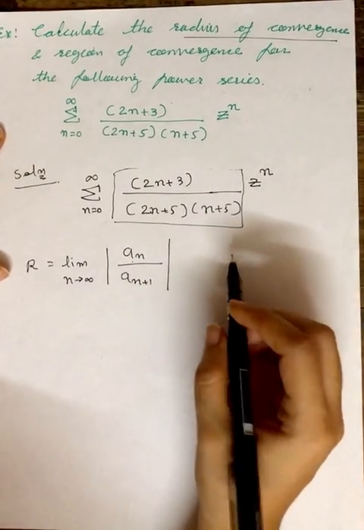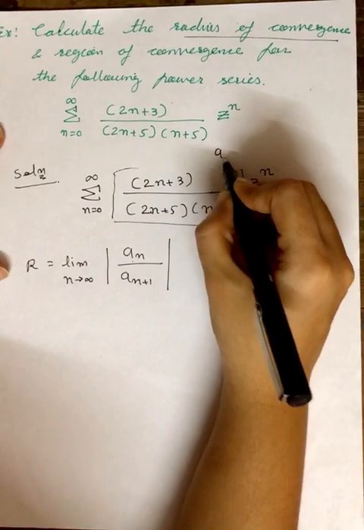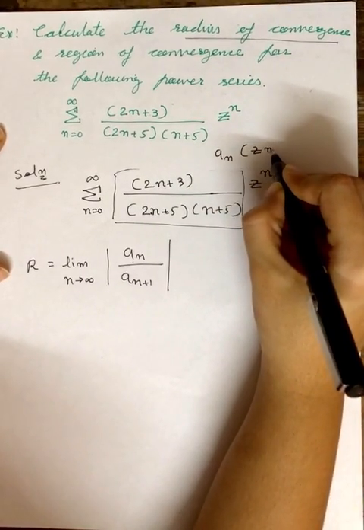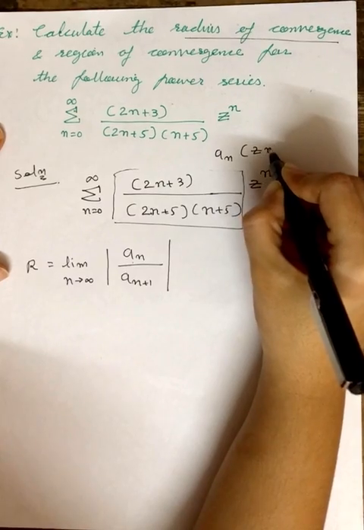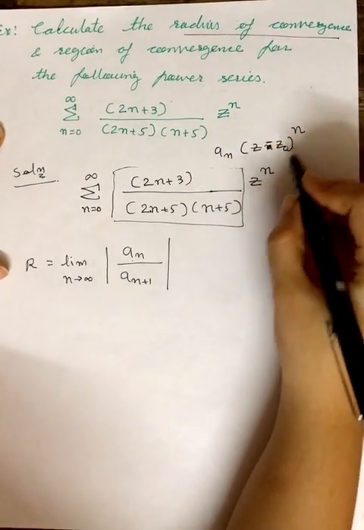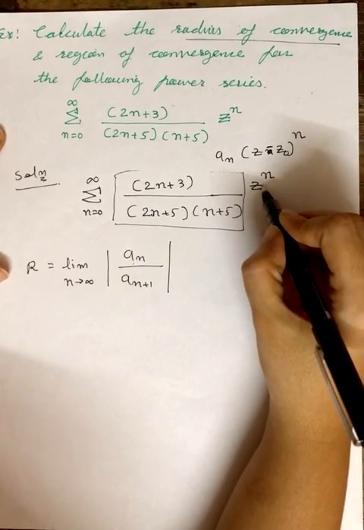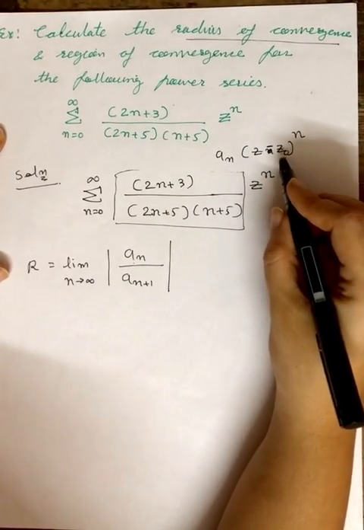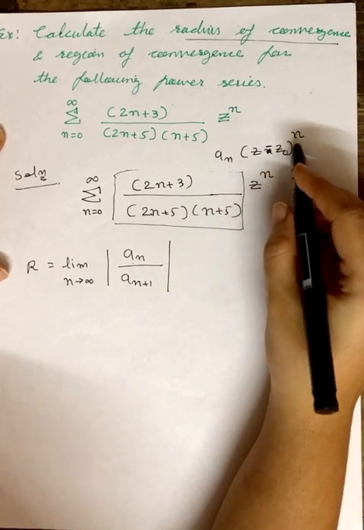Just like we define the series as an into z minus z0 to the power n, you compare here that there is no z0, that means it should be 0. So if this is 0, then it will be simply z to the n.